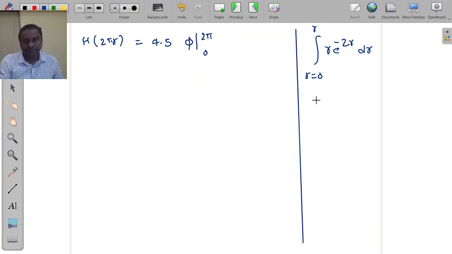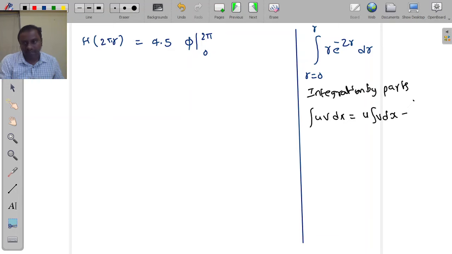So for integration by parts, what is the formula? Integral of uv dx is equal to u into integral of v dx minus integral of the derivative of u into integral of v dx, into dx.